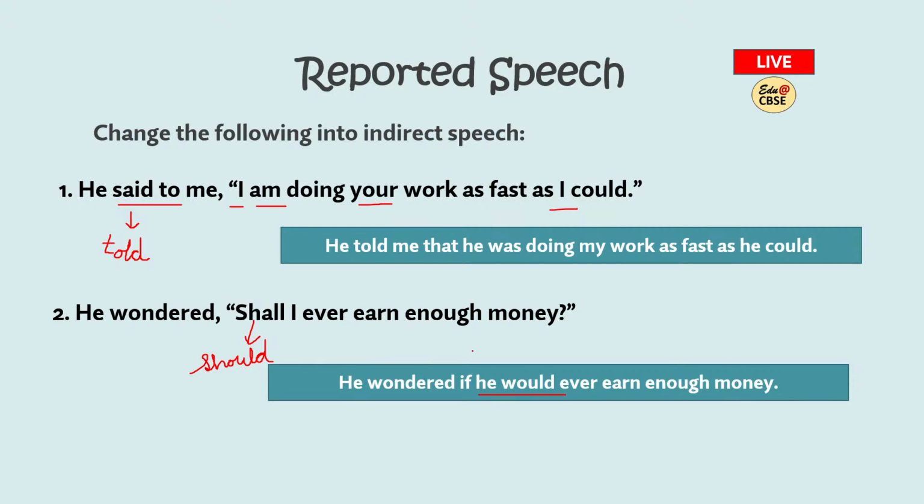So remember this. In case of interrogative sentences like this, shall को should में नहीं would में change करना है. Yes, he is talking about probability. He is talking about something that he thinks, will it happen in future with him. उसके साथ क्या ऐसा होगा future में. So that is why it is would.